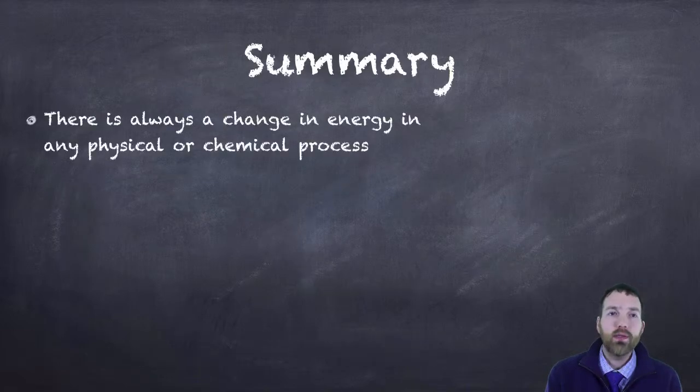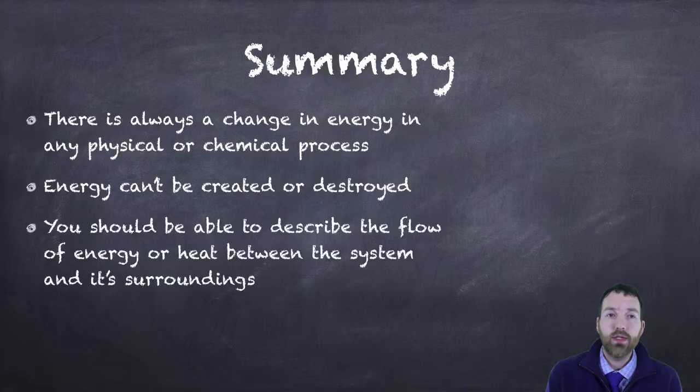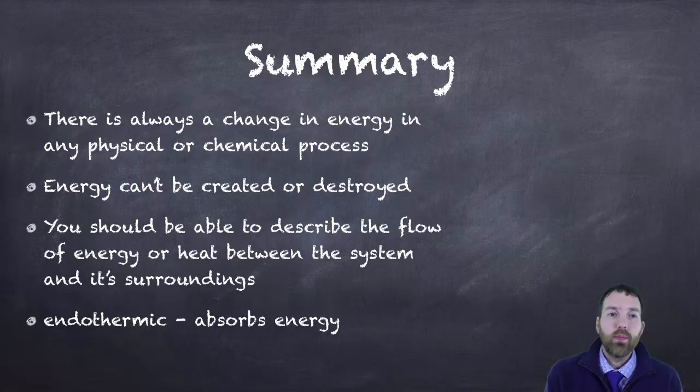In summary, there's always a change in energy in any physical or chemical process. Energy can't be created or destroyed according to the law of conservation of energy. And you should be able to describe the flow of energy or heat between the system and the surroundings for any chemical or physical process like this. Remember, an endothermic reaction is one which absorbs energy.